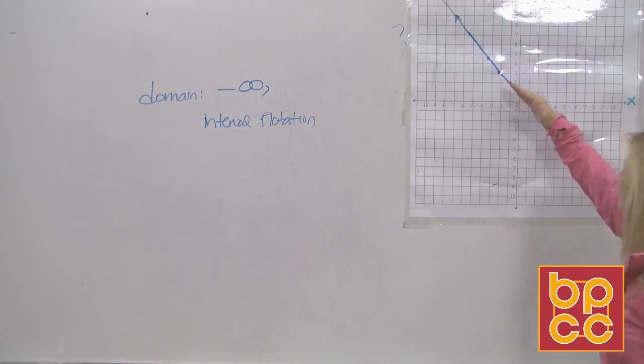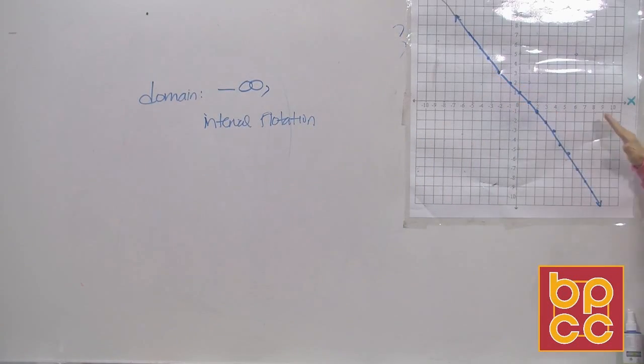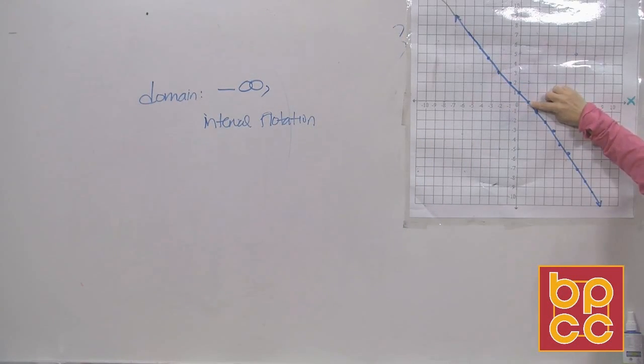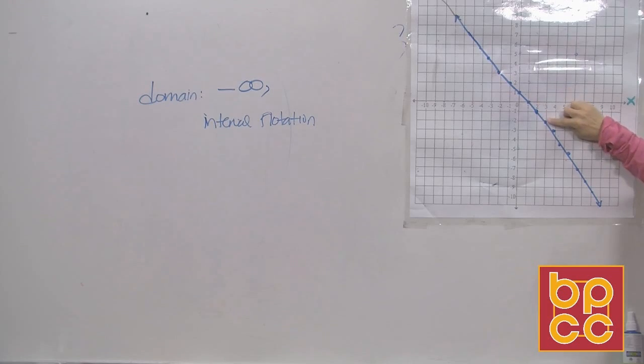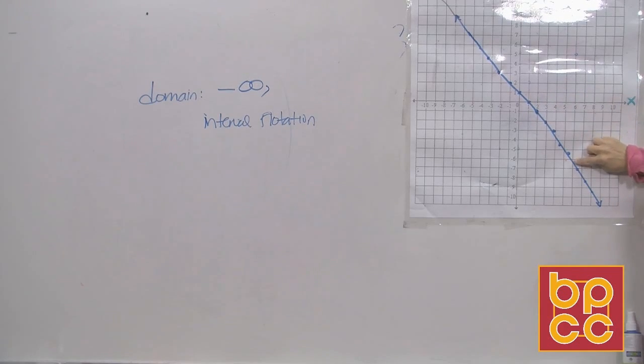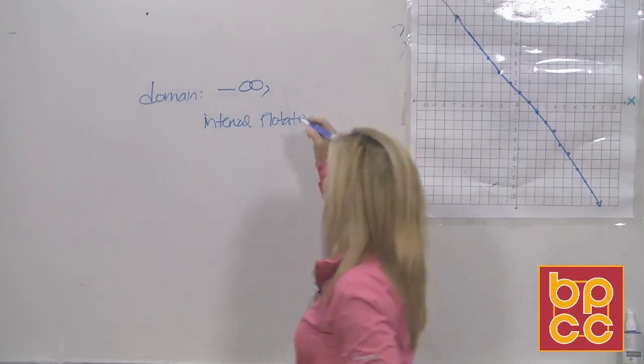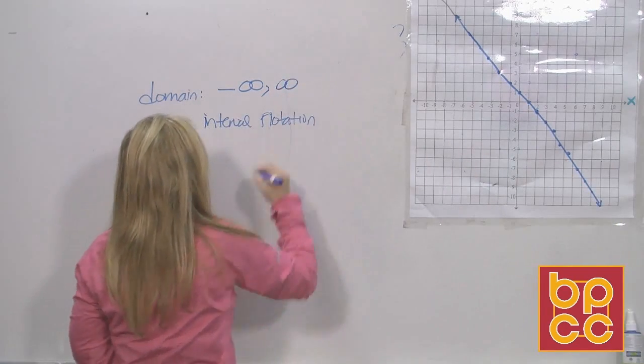When I ask you, what's its largest x value? This line, I don't care about it's going down. It's going all the way to the right. This has an x value of 1. This point's x value is 2, 3, 4, 5. This point's x value is 6. This point's x value is 7. We can keep going. So this line's going to go all the way to the right, and that's going to take us to positive infinity.